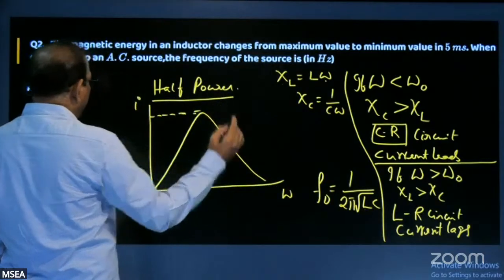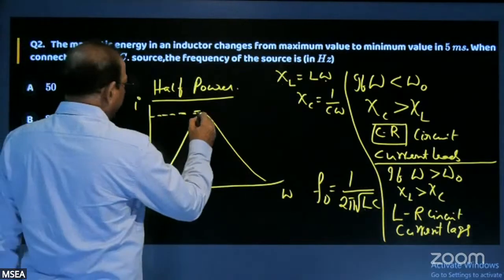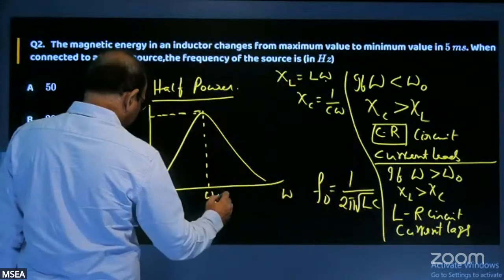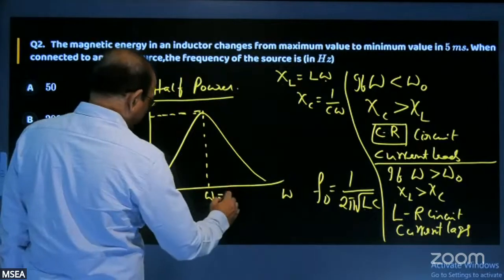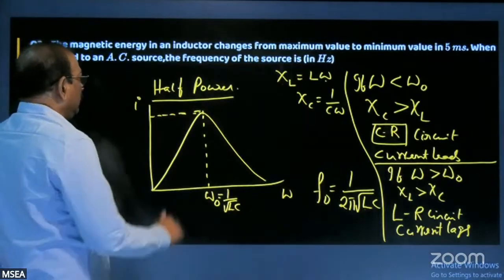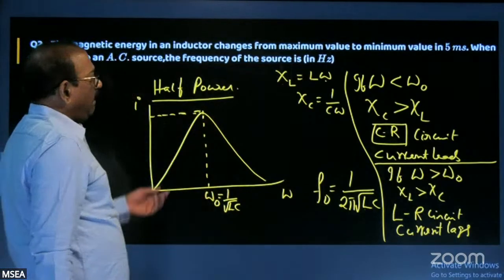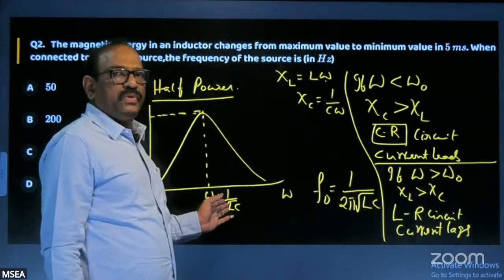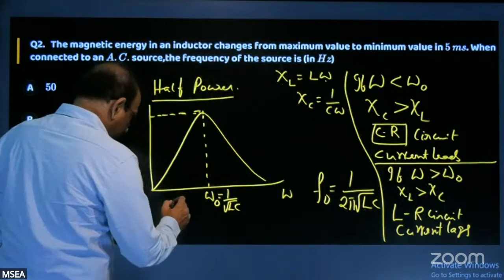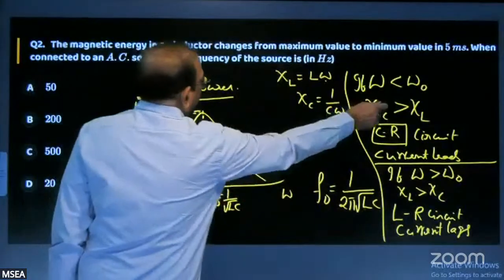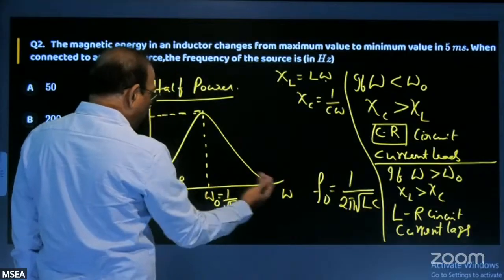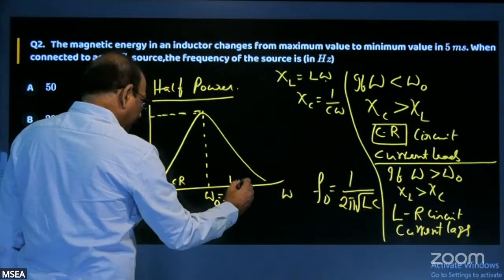The current is maximum in the circuit at one particular angular frequency called resonance frequency. At resonance, this circuit will act as a pure resistor circuit, current maximum, power maximum. When the frequency is less than resonant frequency, this circuit will act as CR circuit. When the angular frequency is more than resonant frequency, the circuit will act as LR circuit.